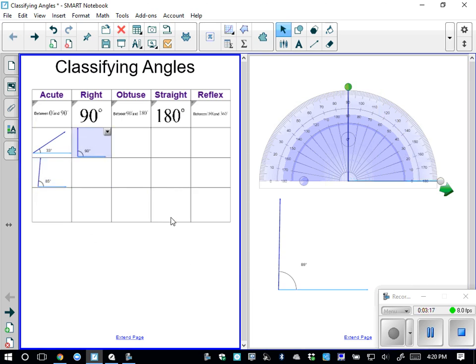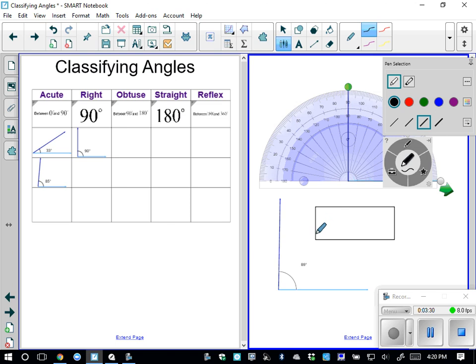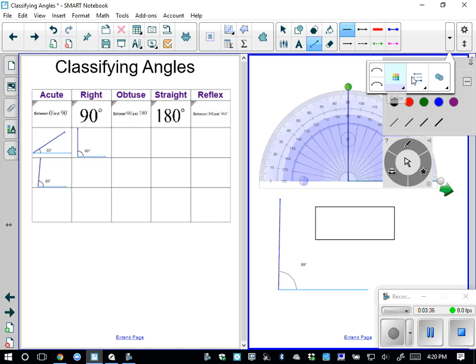Another place you might see a right angle is in a rectangle or a square. So if I just drew a rectangle, for example, and I marked off a little right angle here, I'm going to just take some color there.